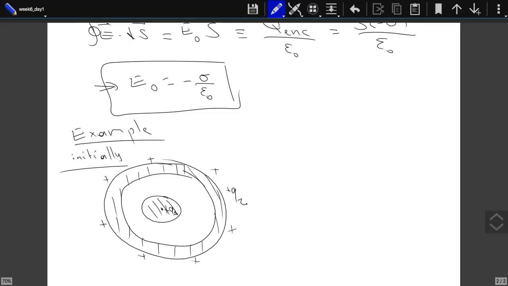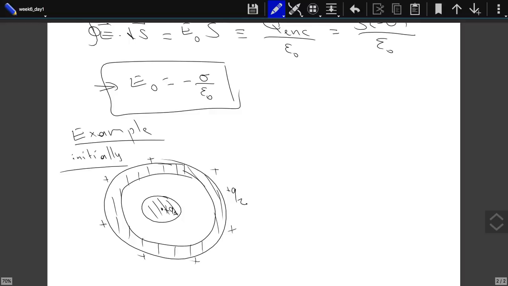The total electric field in this region, up to this center, will be as if there is a charge Q1 right at this point, and that's it. Nothing will change.